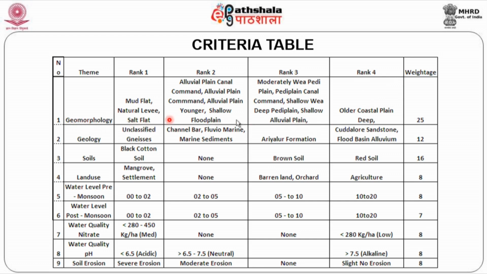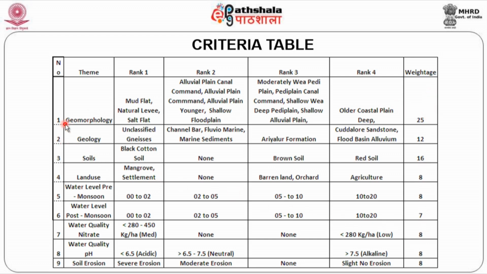This is within a class. When I want to analyze the same data and put the layers together, I want to know the importance, the contribution of each layer to the final goal, and that is weightage. This is given within a layer, and this is given amongst the layers.